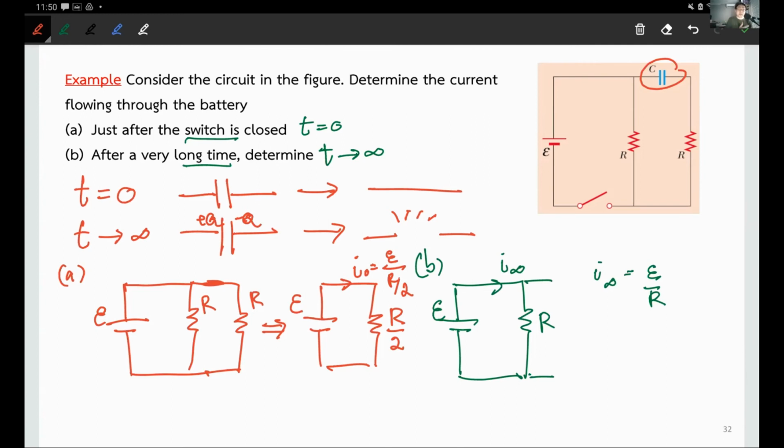At time 0, the capacitor behaves just like an electrical wire, and at a very, very long time, infinite time, when the capacitor is fully charged, there's no current flow. So it's like a broken circuit. Okay, cool, that finalizes the whole thing.